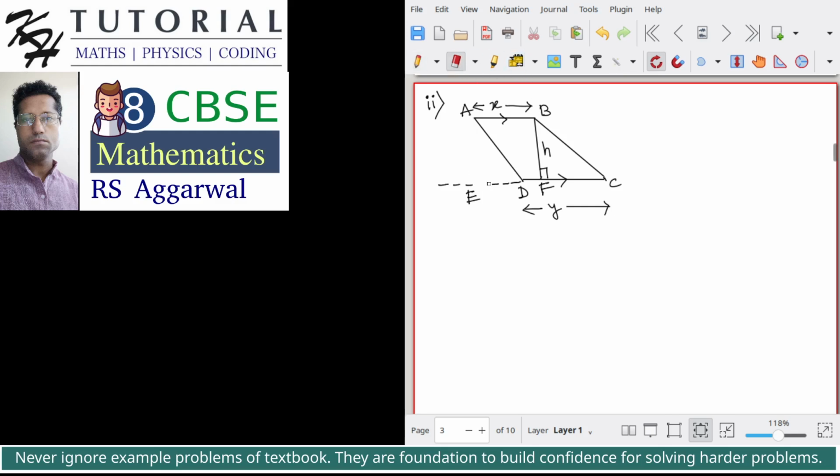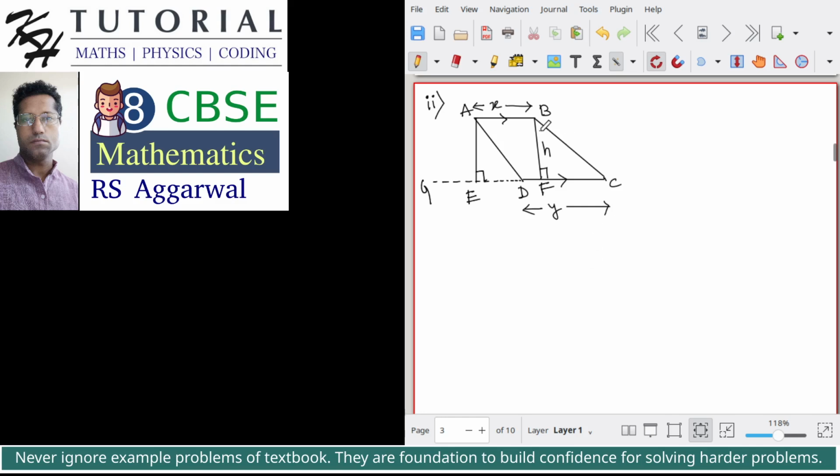Let me properly draw the extended side. So, this is the extended side. Let's say this is G, and we have AE perpendicular to the extended side DC.